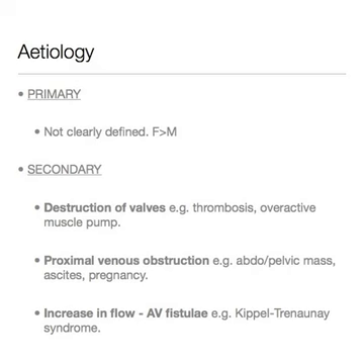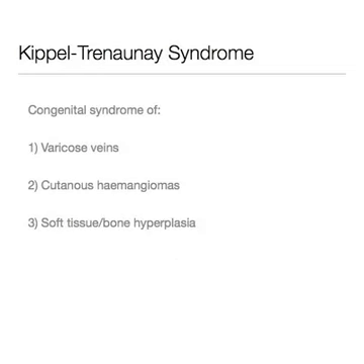They may also occur secondary to deep venous insufficiency due to back pressure on the superficial venous valves, which leads to valvular incompetence. Furthermore, there are congenital syndromes which may result in the formation of varicose veins, such as Klippel-Trenaunay syndrome, which is characterized by the presence of varicose veins and extensive hemangiomas or port wine stains over the legs.